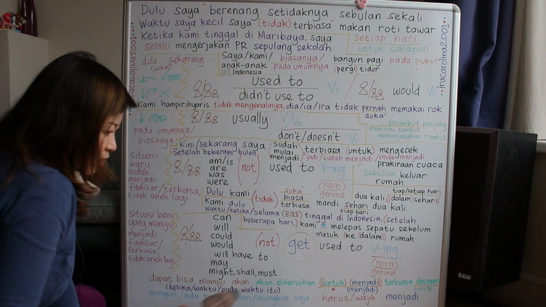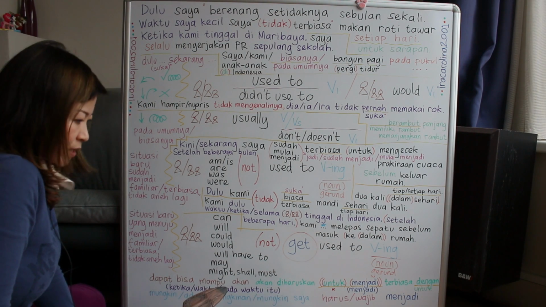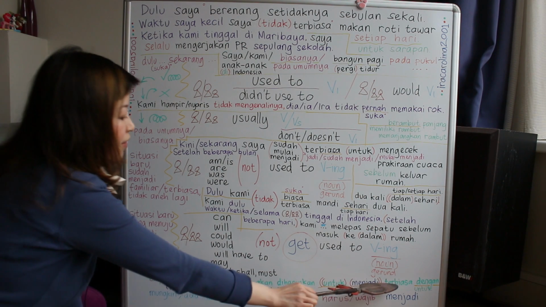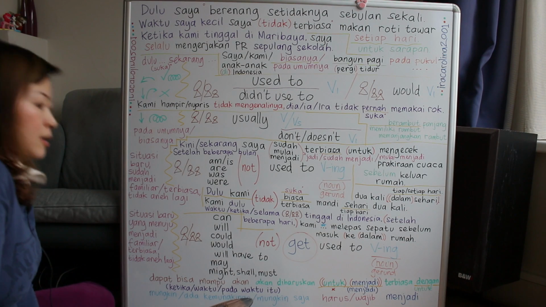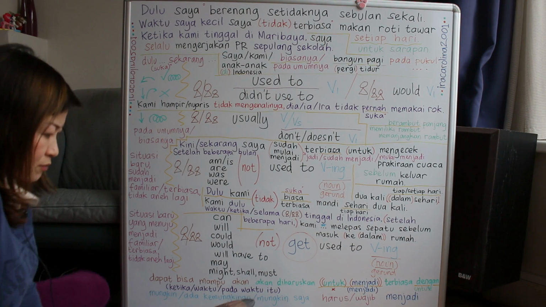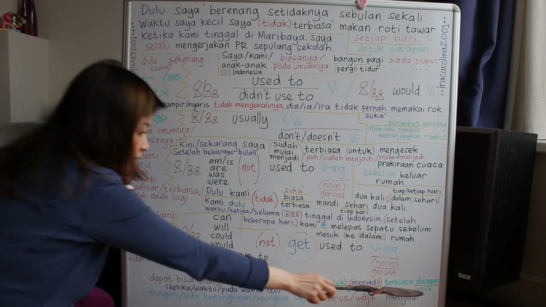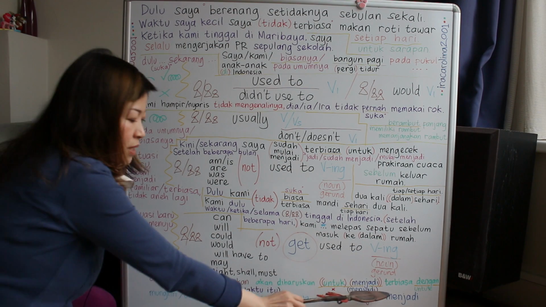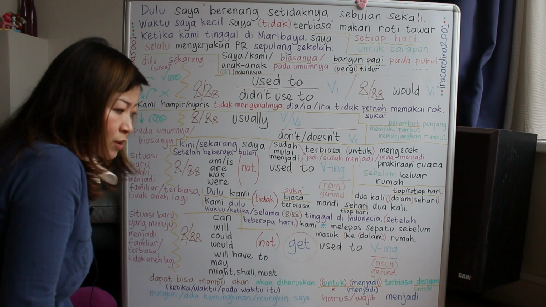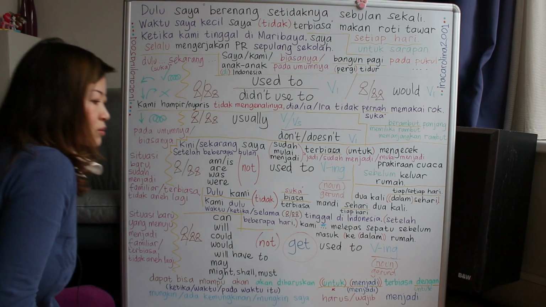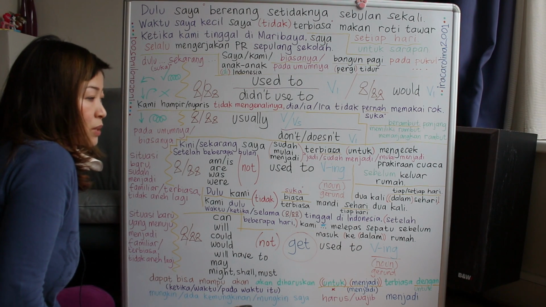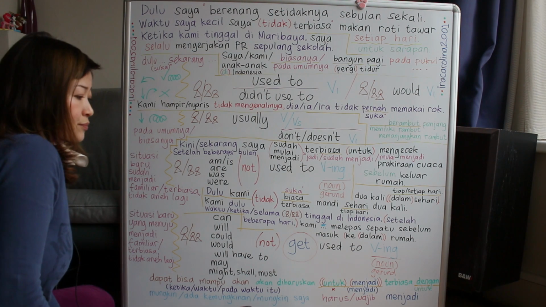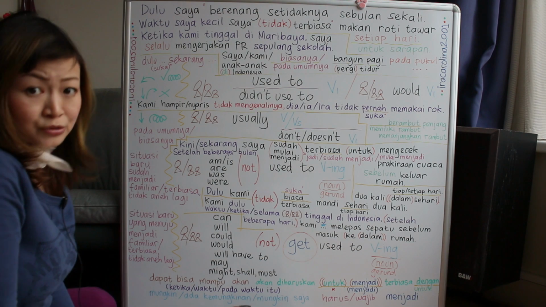Untuk itself is for, menjadi is be or get. Yeah, but we already have get here. And sometimes you can also change the dengan with untuk. We can say terbiasa dengan or terbiasa untuk. Terbiasa dengan, used to, terbiasa untuk, used to.